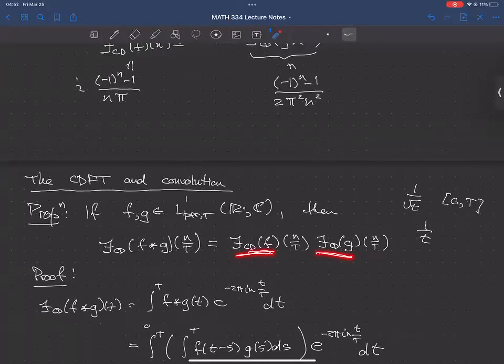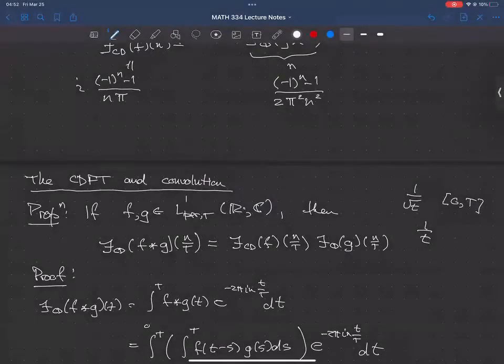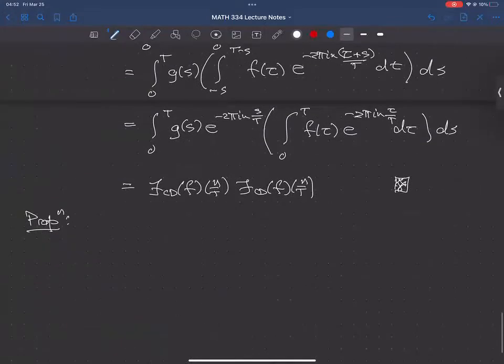Okay, and then what we're going to see is that the CDFT of the product is the convolution of the CDFTs, right? So the relationship between convolution and product goes both ways, okay? But in the one case, when you go from products to convolutions, you need additional assumptions, okay?